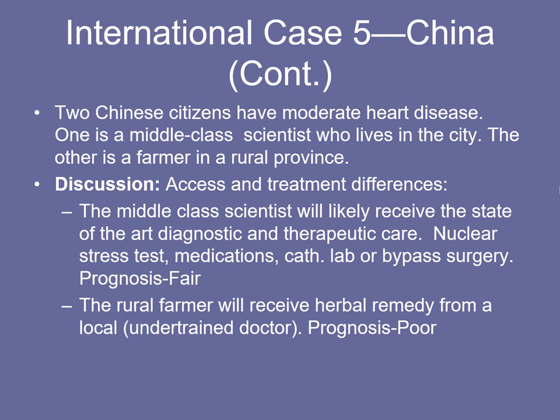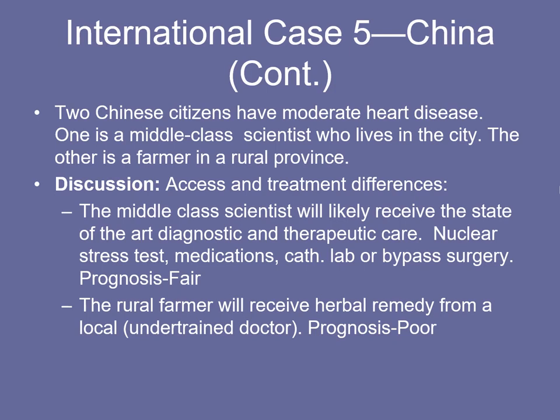They will tend to have, for this particular case, an individual who has heart disease will have the appropriate testing, which will probably include a nuclear stress test, appropriate medications, and access to a cardiac catheterization lab and bypass surgery. The prognosis is probably fair depending upon the degree of congestive heart failure that this patient is experiencing.